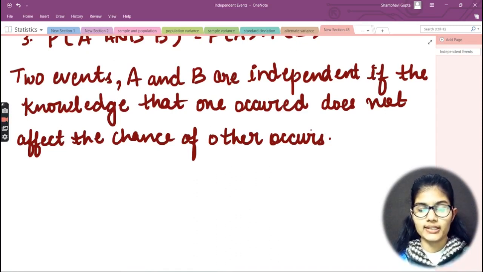Okay, let's take a very quick example for checking the independence of events.